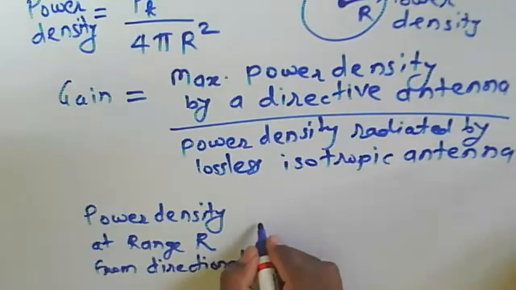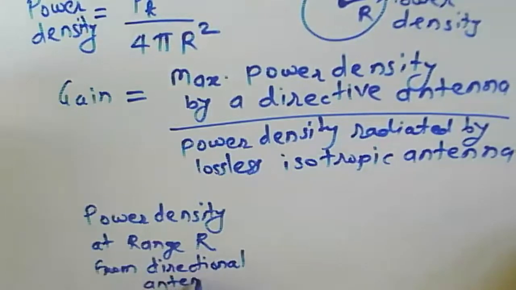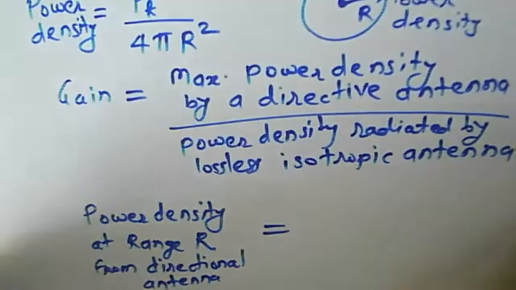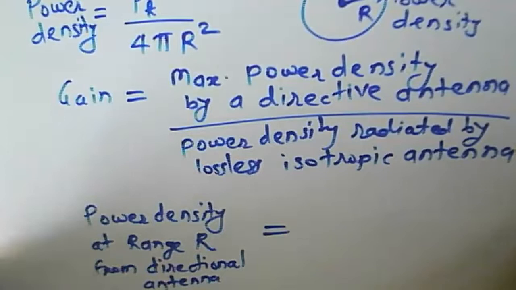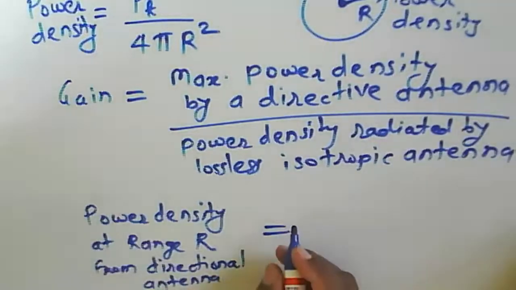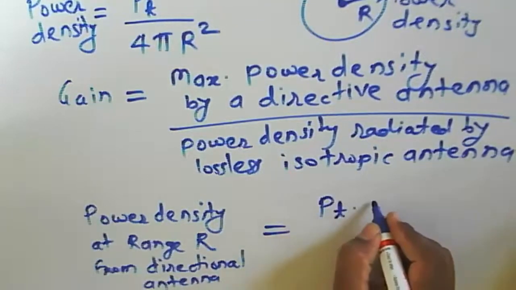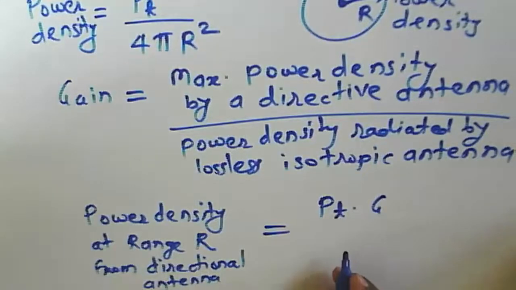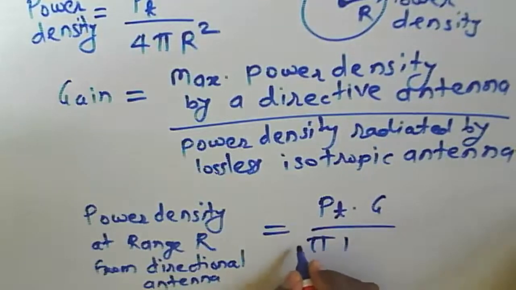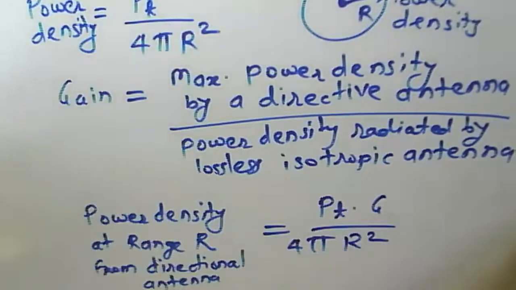Again, in a given particular direction, that power is radiated. So the power radiated by the particular antenna is obtained from the power transmitted, the gain of the given antenna, and 4 pi r squared.